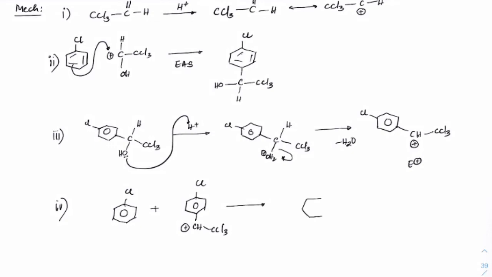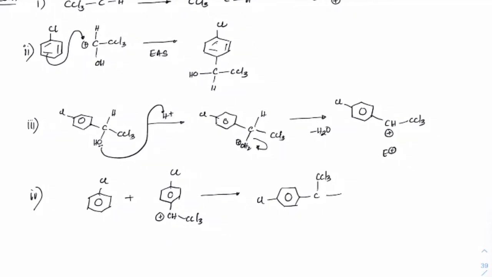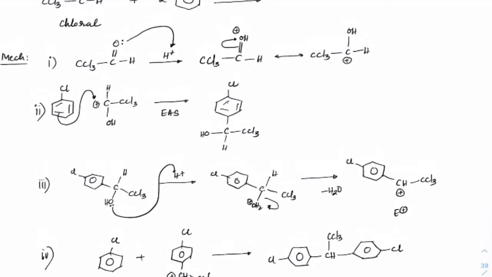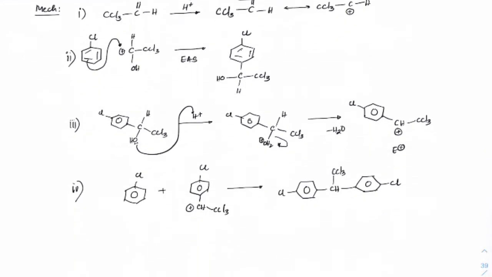So we would get this product, Cl with CCl3 connected with this chlorine, CH. So that's how we will get DDT. Make a note, right? Okay.